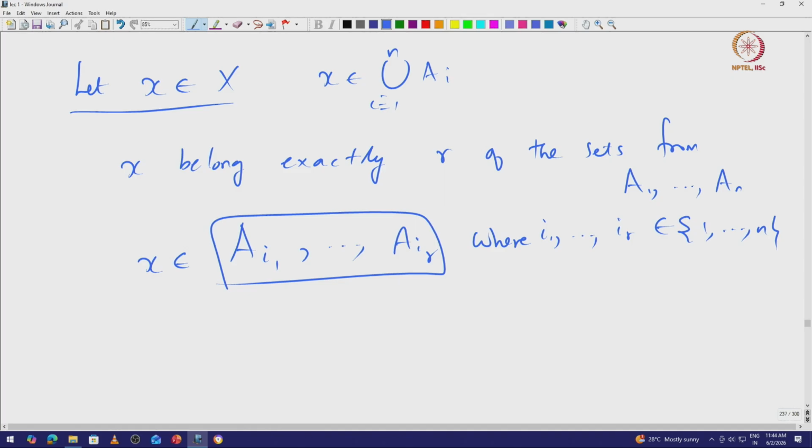So, x is counted exactly using the following formula.